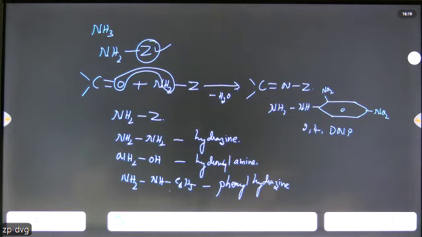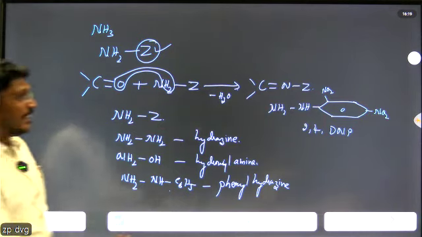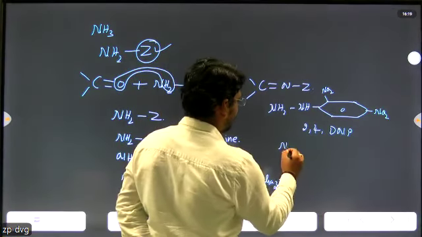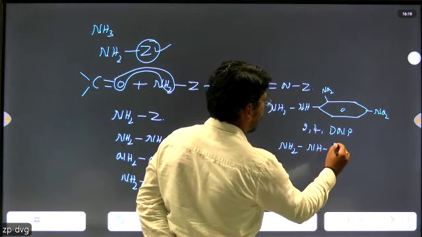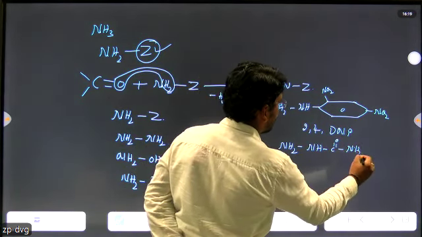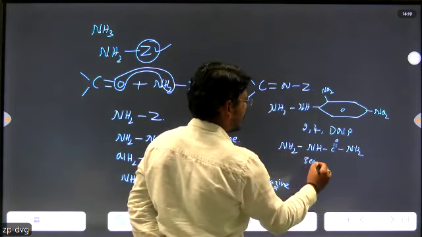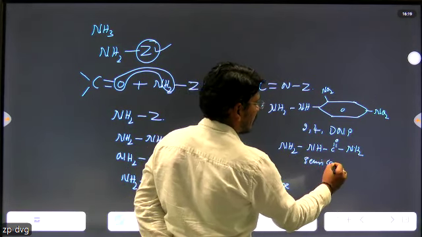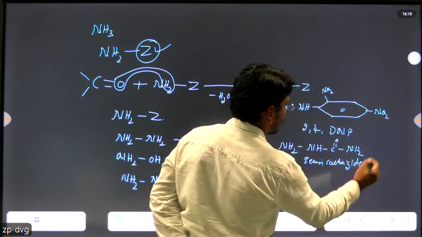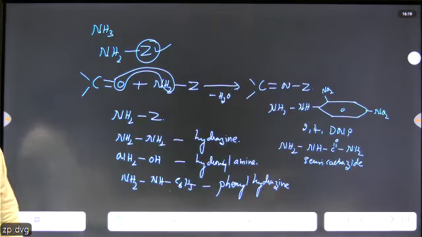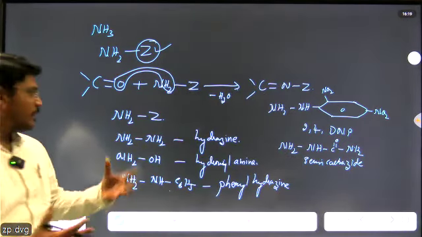In the same way, one more is NH2 where in the place of Z we use NHC double bond O NH2. The name of this compound is semicarbazide. So there are a very large number of ammonia derivatives. Let us discuss how this reaction takes place.